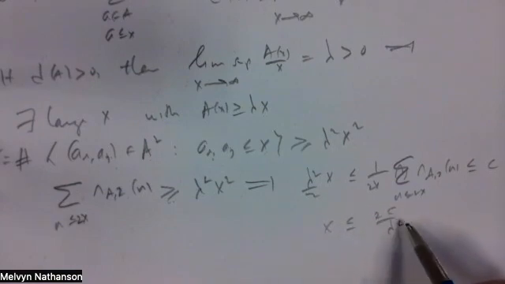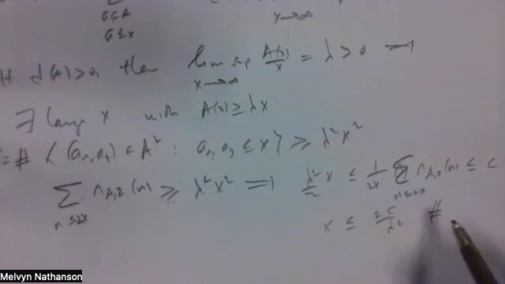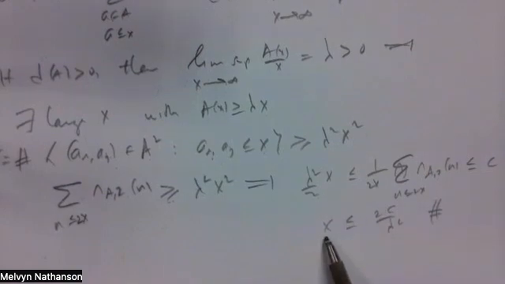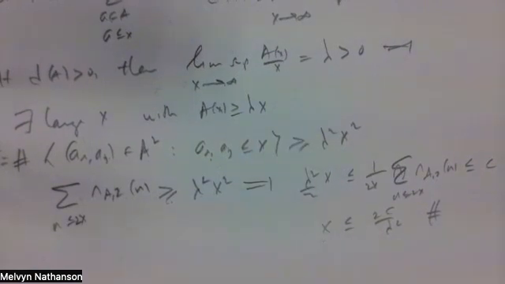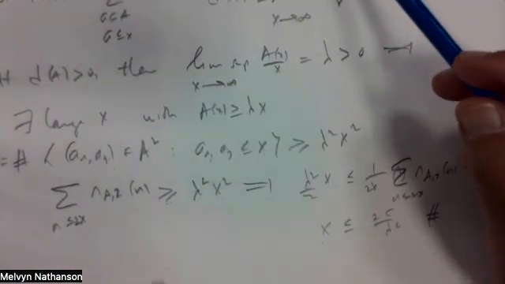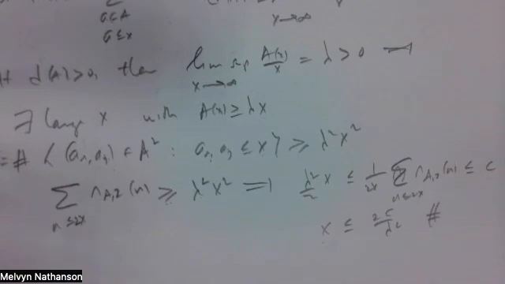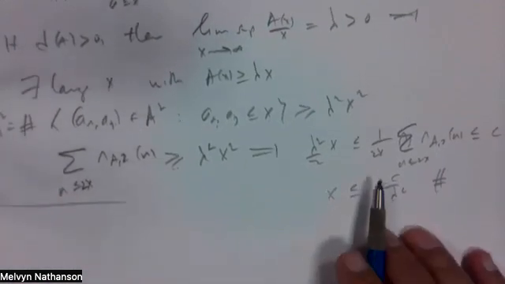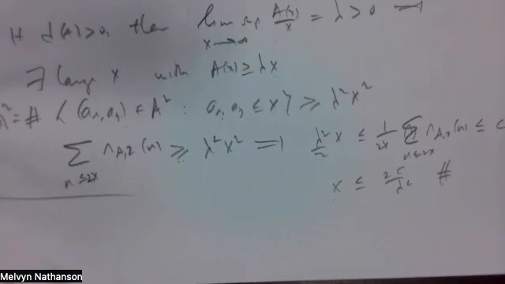Each of these numbers is at most C, which says that X is less than or equal to 2C over lambda squared, which is a contradiction because you can find arbitrarily large values of X where A of X over X is at least this positive number lambda. So if you have a set of integers where the number of representations is bounded, the set has to have zero density.